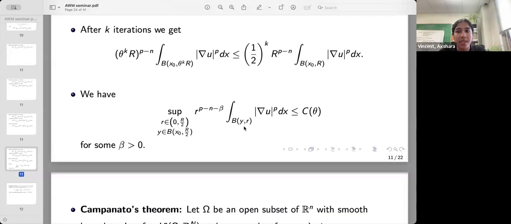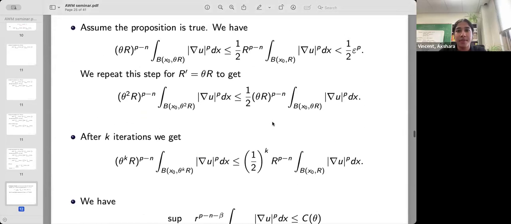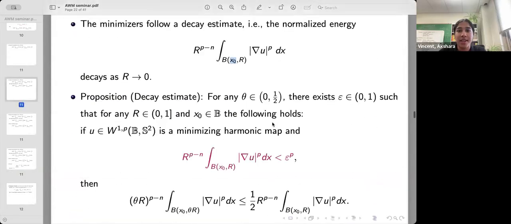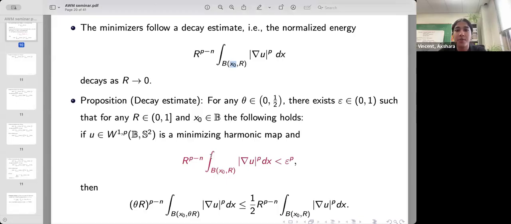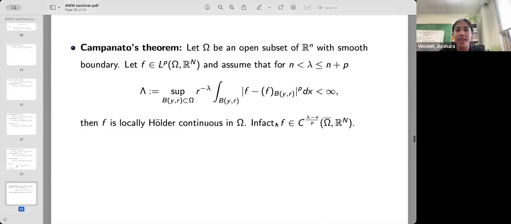Here it's the L^p norm of the function, but we can use Poincaré's inequality to bound the L^p norm of f minus the average value of f and then get the desired result. So we proved that if you start with this bound on energy at a point, then the function is Hölder continuous around that point.